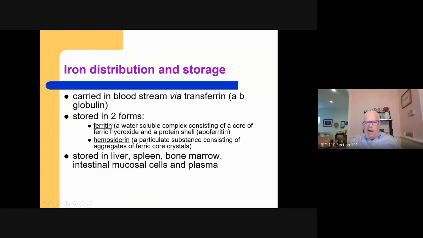Ferritin carries iron. It's stored in the liver, the spleen, and the bone marrow because it is essential in making hemoglobin. Remember, hemoglobin is iron plus globin. That's why iron is so important.